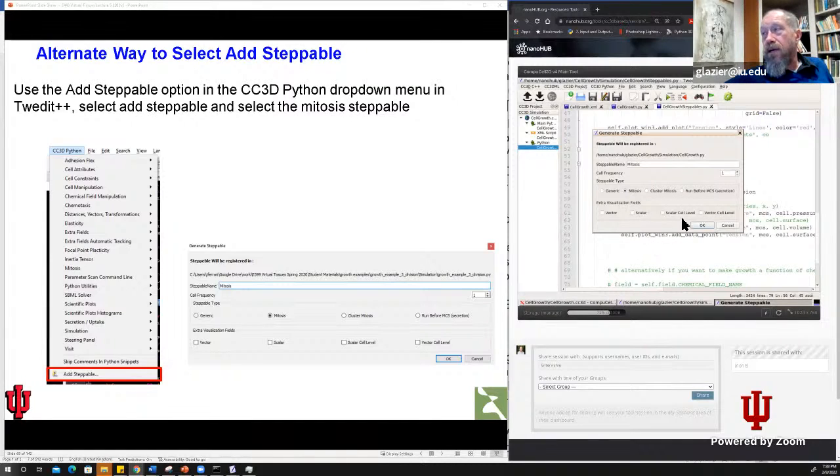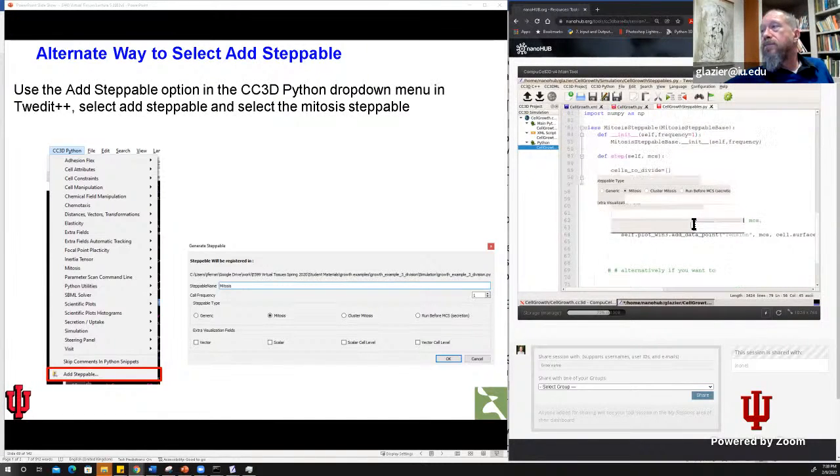And then in principle, I can choose to add visualization field, tracking fields here if I want to, although I'm not going to do that. So go through, select steppable name mitosis. Make sure you click mitosis for steppable type and hit OK.